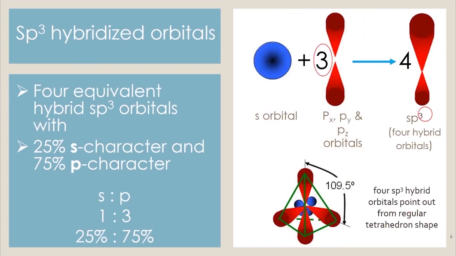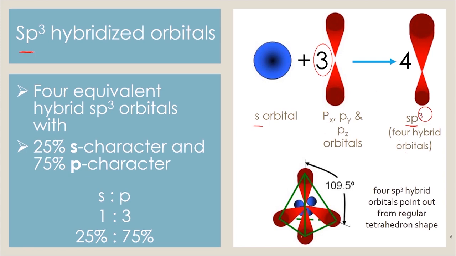Let's look at the formation of each type of the 3 hybridized orbitals. The first type of hybridization is between the s orbital and the 3 p orbitals, which results in the formation of 4 equivalent hybridized orbitals, sp3 orbitals. The 4 sp3 hybridized orbitals each consist of a large loop pointing in one direction and a smaller loop pointing to the opposite direction.